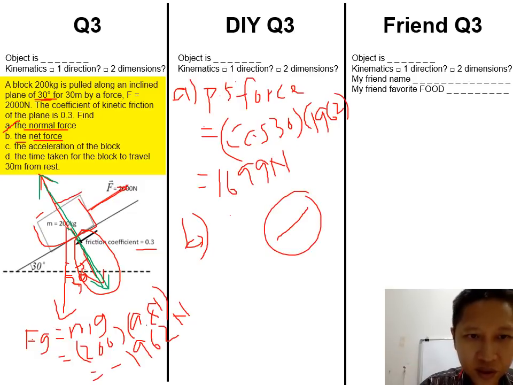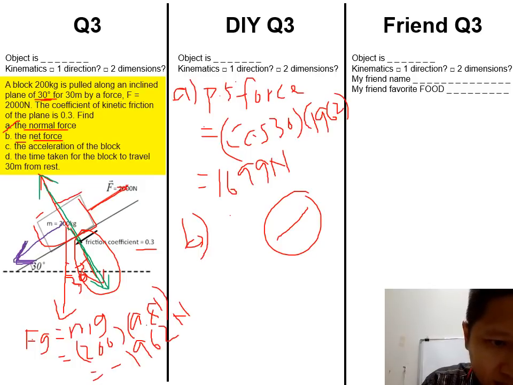So we want to find the net force. In order to find it, we need to resolve the gravity force into the direction of the inclined slope. So I use the purple color. The gravity force causes some of the force along the 30 degree here.